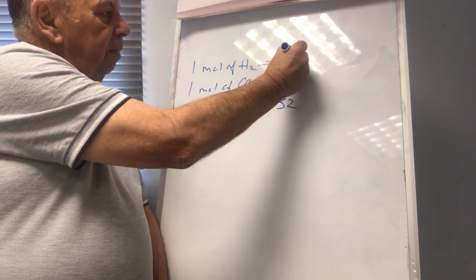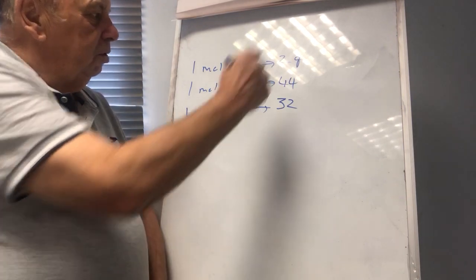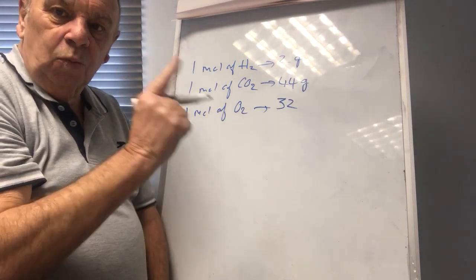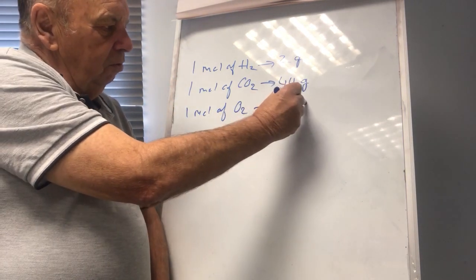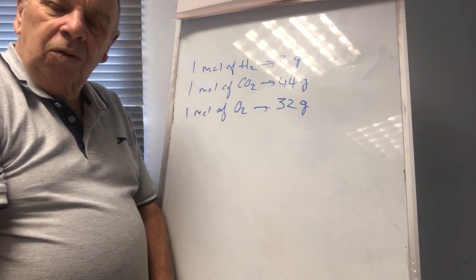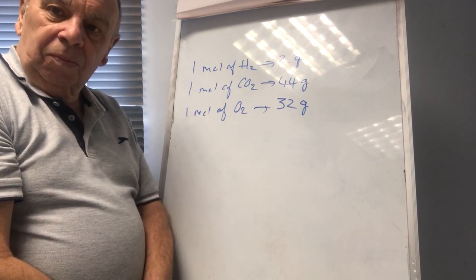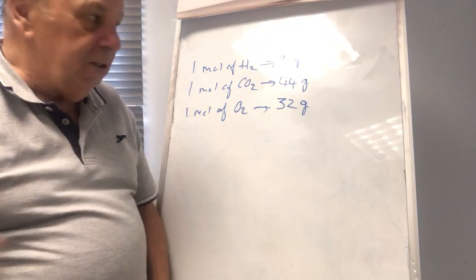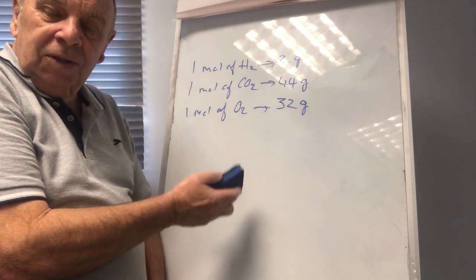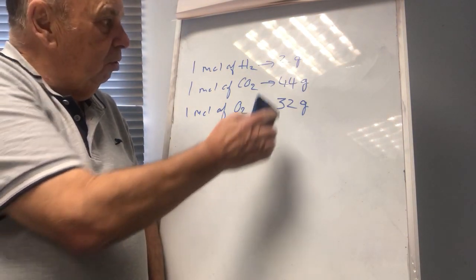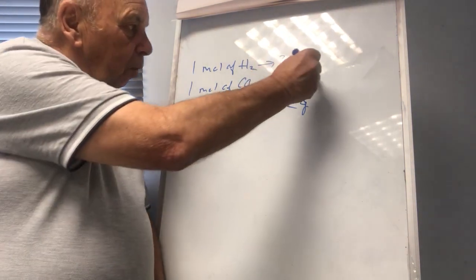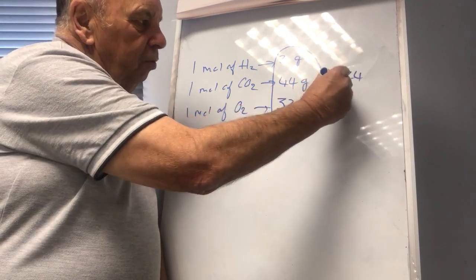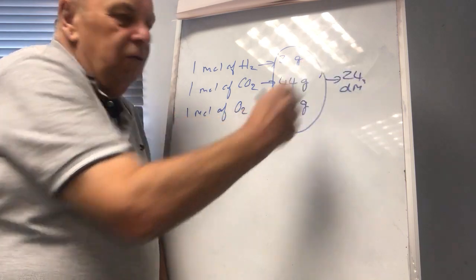So 2 grams of hydrogen is 1 mole, 44 grams of carbon dioxide is 1 mole, 32 grams of oxygen is 1 mole, and 1 mole of gas occupies 24 dm cubed. It's a constant, it's fixed, so 2 grams occupies 24 dm cubed, and they all, 1 mole of the gas, that's its weight, occupies 24 dm cubed.